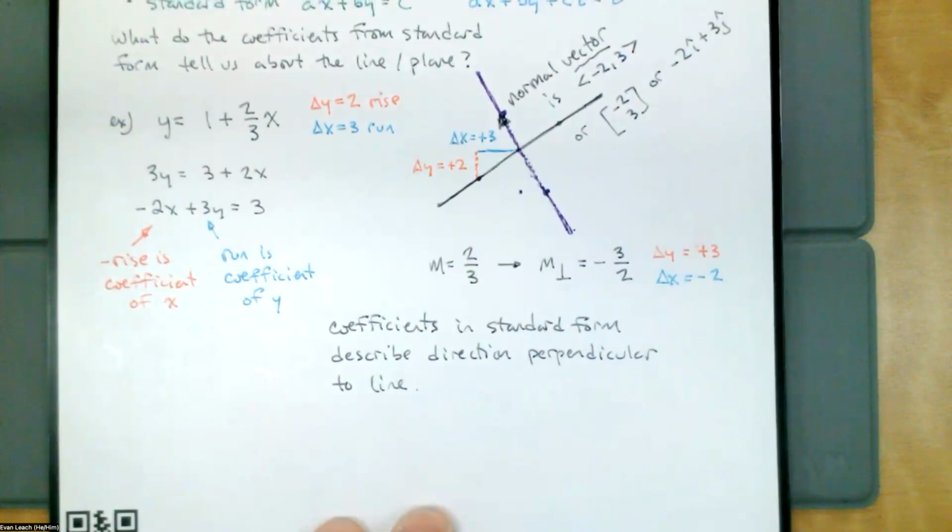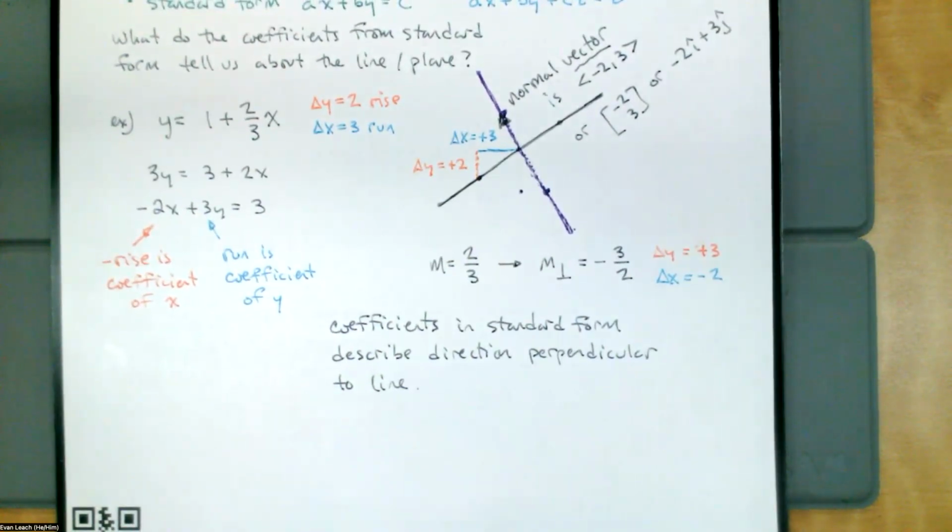We have lots of different ways of describing vectors. We just need to say what's the x coordinate, what's the y, or x component, y component. We're just listing two things. The coefficients in standard form describe a direction that's perpendicular to the line. They describe the normal vector.